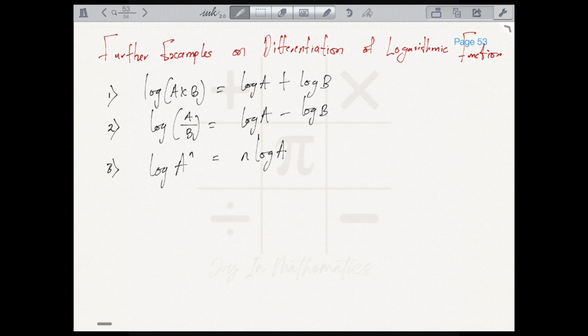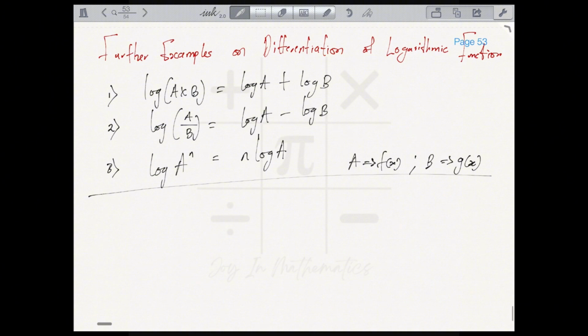Now, instead of using logarithm, let's use natural logarithm, that's logarithm to base e. Let's assume our a becomes f of x and our b becomes g of x.